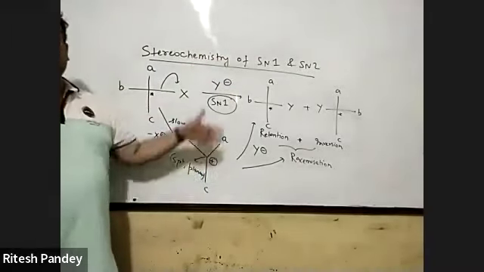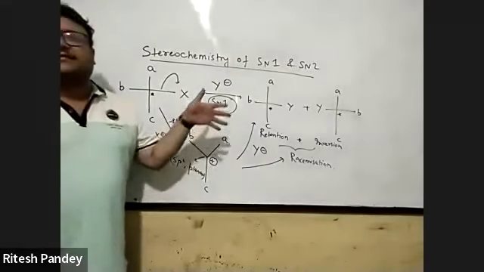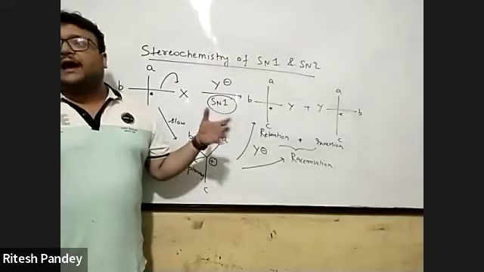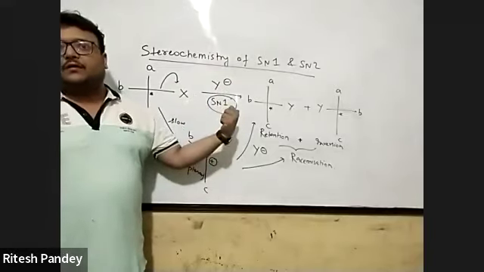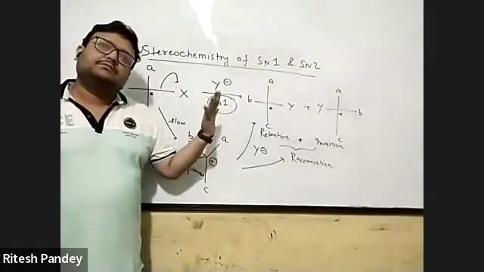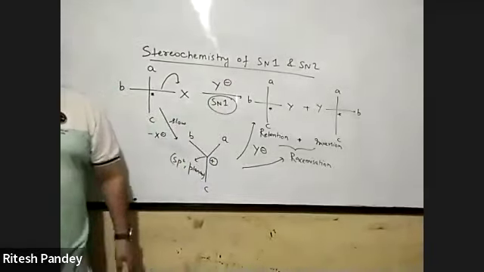Or let's say this is the plane mirror across which I'll have one particular Fisher projection, tetrahedral, and its mirror image.